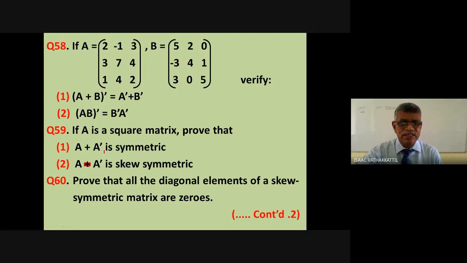Remember, A + A' is symmetric, and A - A' is skew symmetric. Prove that all the diagonal elements of a skew symmetric matrix are zeros.